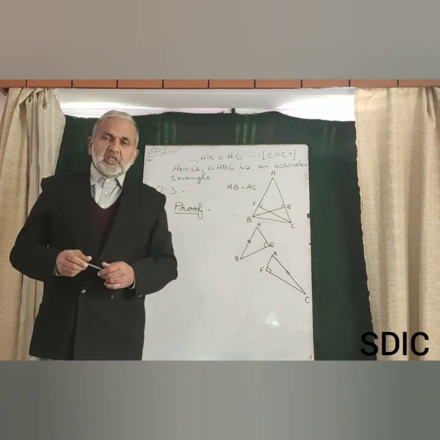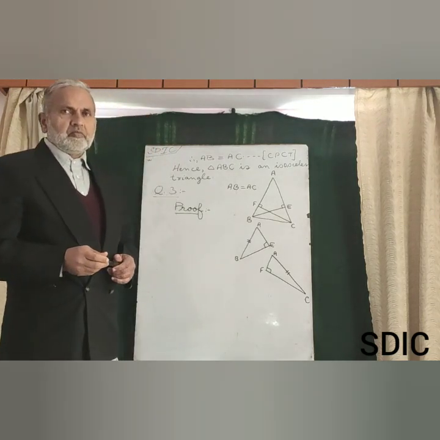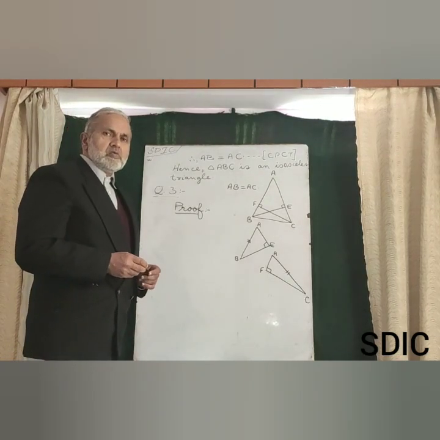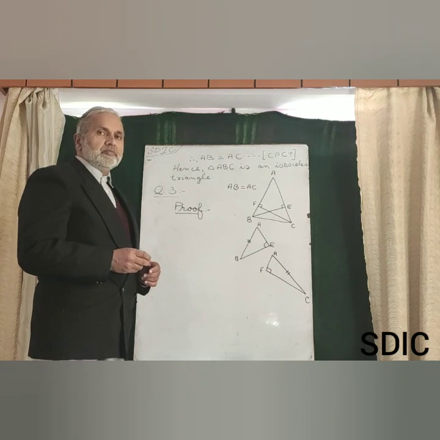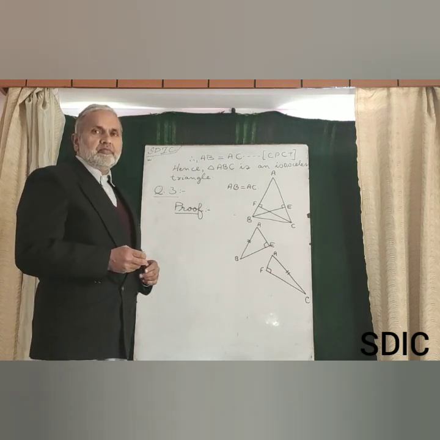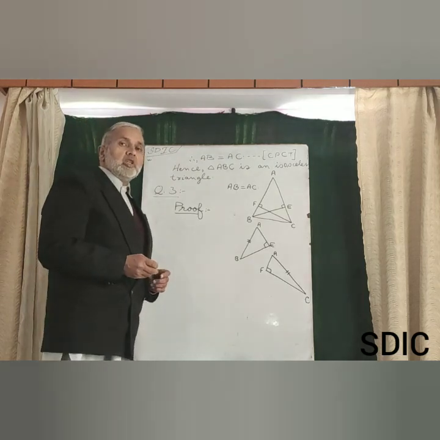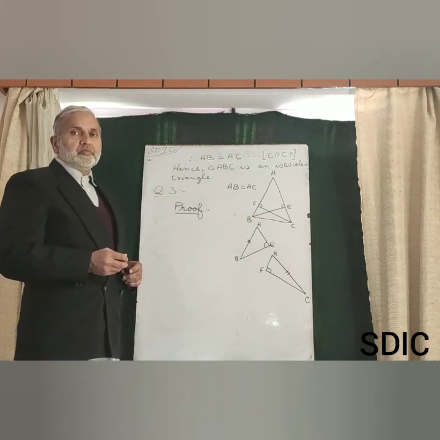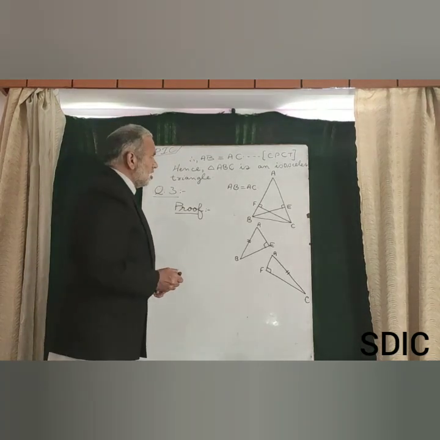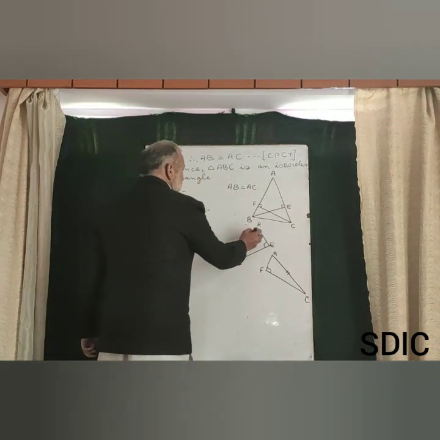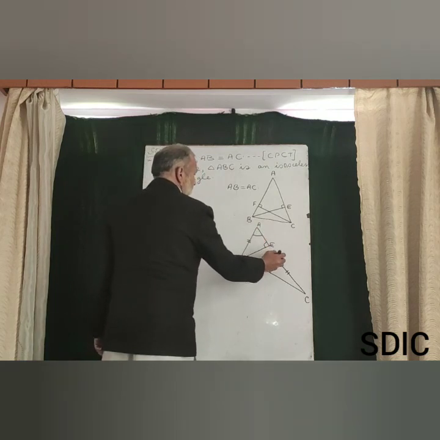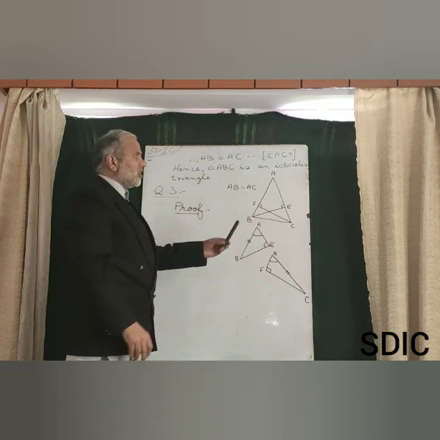And if you look at the figures, you will find some more information which will help us to conclude the two triangles are congruent. We need a third result also. And the result is we have a common angle in the two triangles. Angle A is common in the two triangles. You can see the main figure.